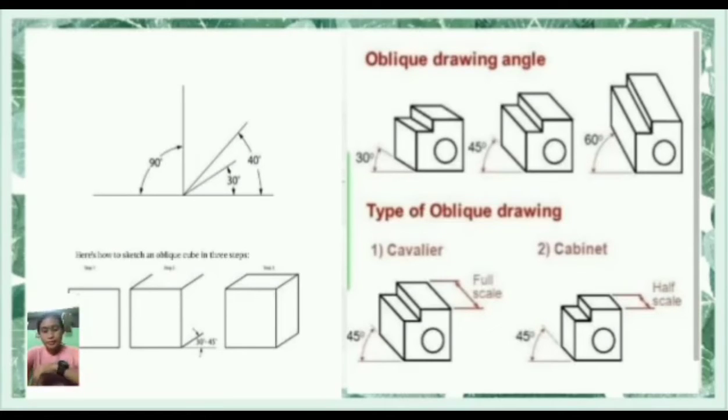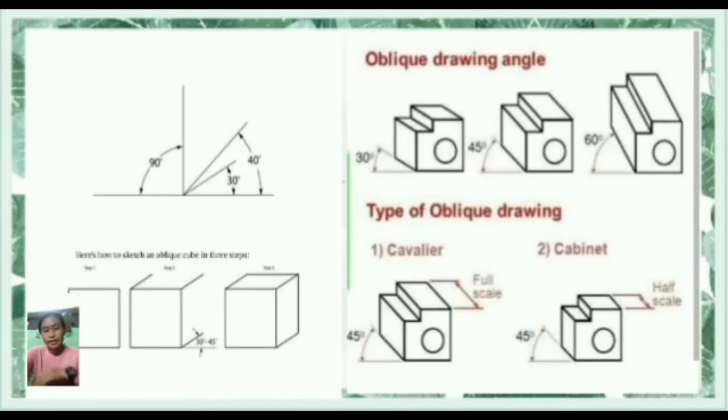Next, look at the second picture. Na siya oblique drawing angle and type of oblique drawing. So first, we have a oblique drawing angle. Na siya tulo ka object na different height. So first, nag-measure siya og 30-degree.